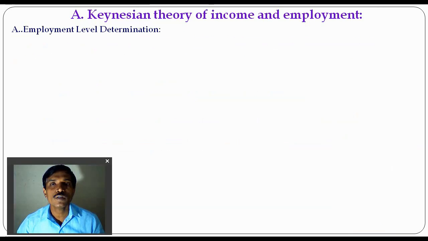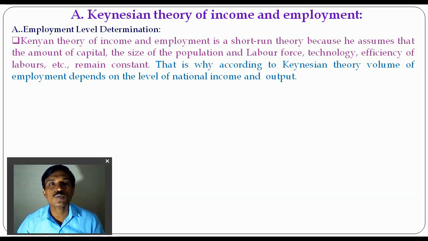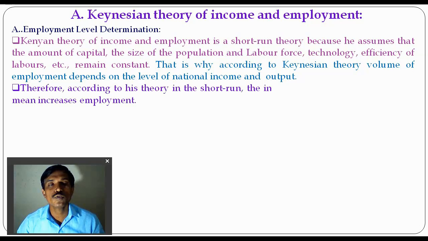Keynesian theory of income and employment. According to the Keynesian point of view on employment level determination, it is a short-term theory because he assumed that the amount of capital, the size of population and labor force, technology and the efficiency of labor remain constant. That's why, according to Keynesian theory, the volume of employment depends on the level of national income and output.